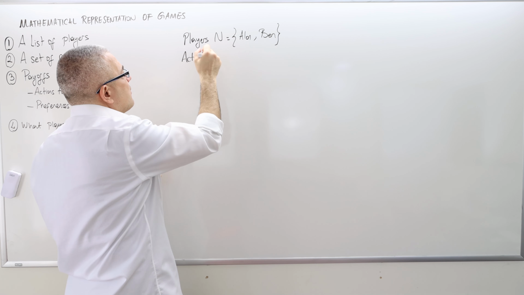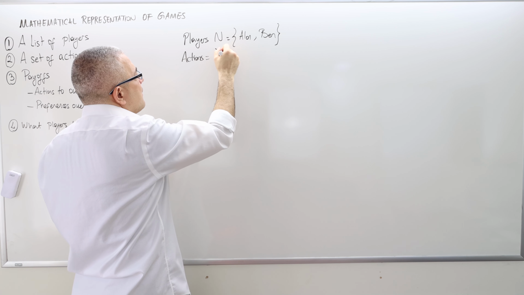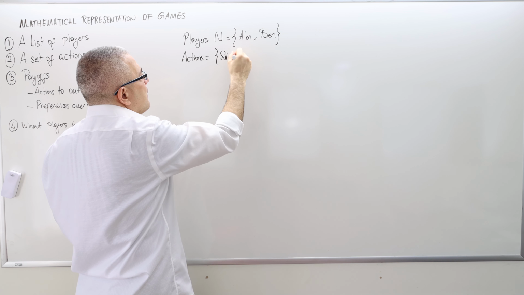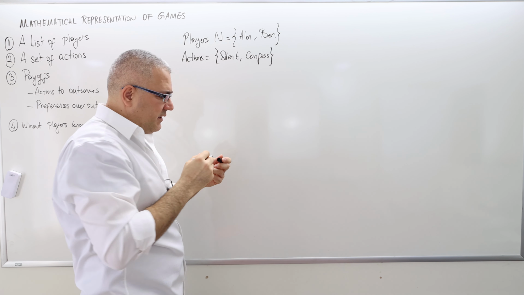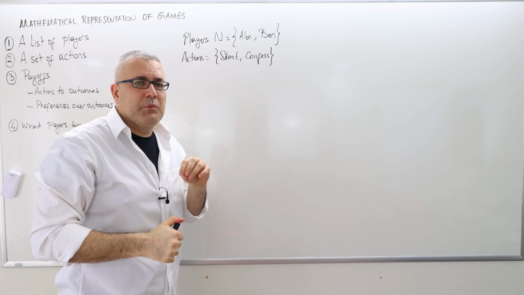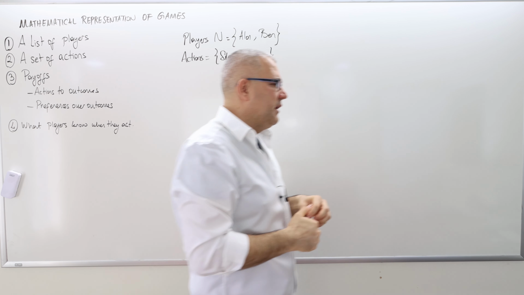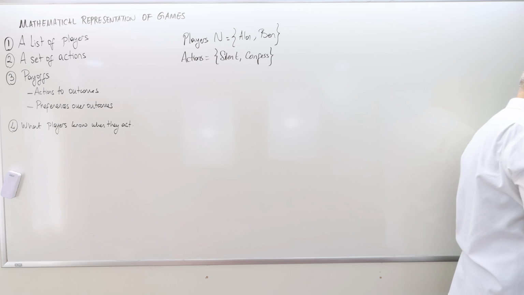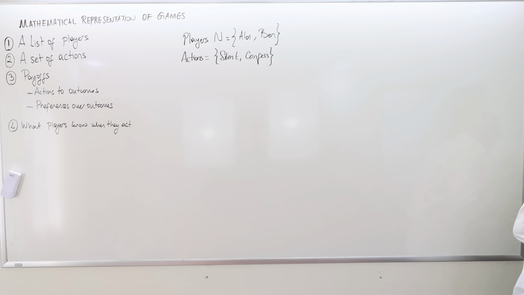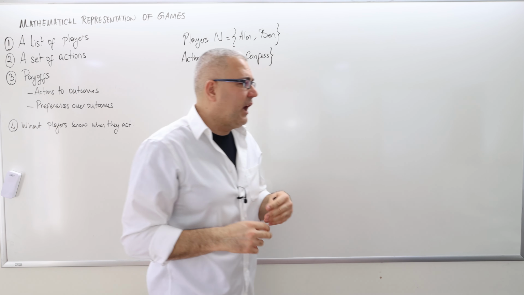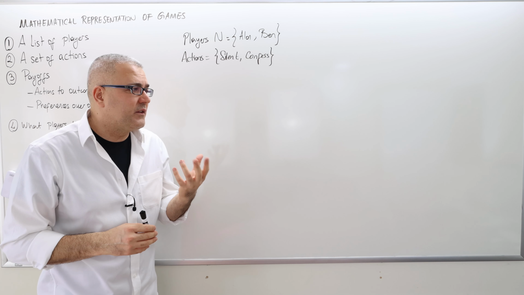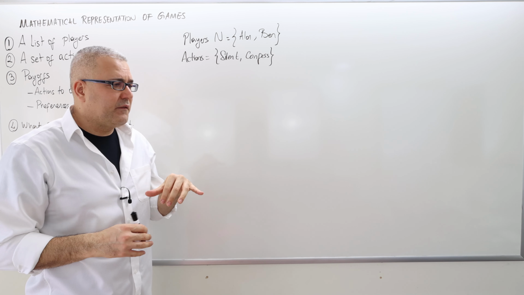Remain silent or confess. This is obviously a very simplistic environment. In reality, players may have more than 2 actions. But for simplicity, let's assume that these 2 guys, A and B, have only 2 actions available to them: remain silent and confess.